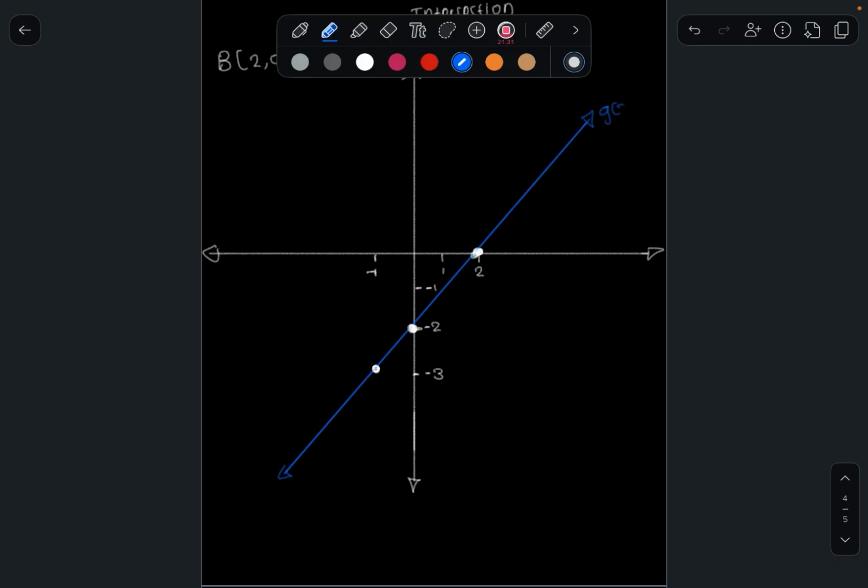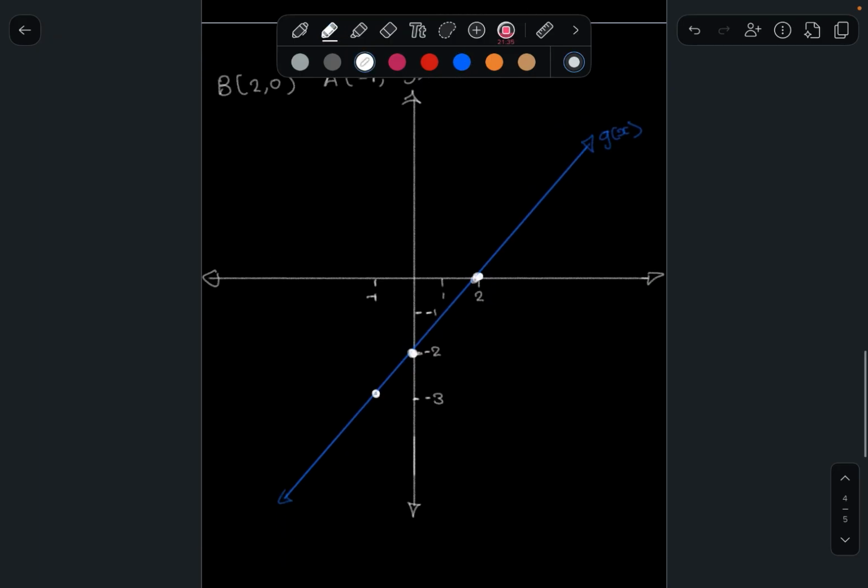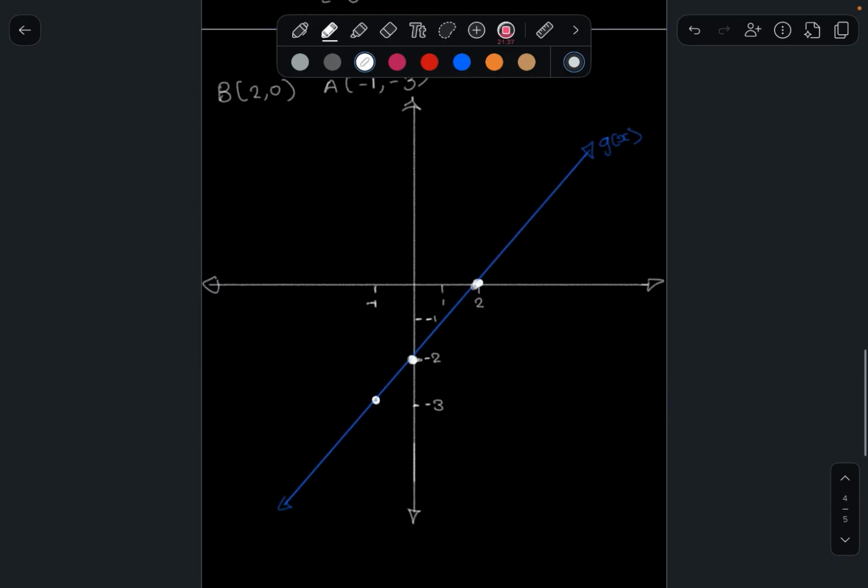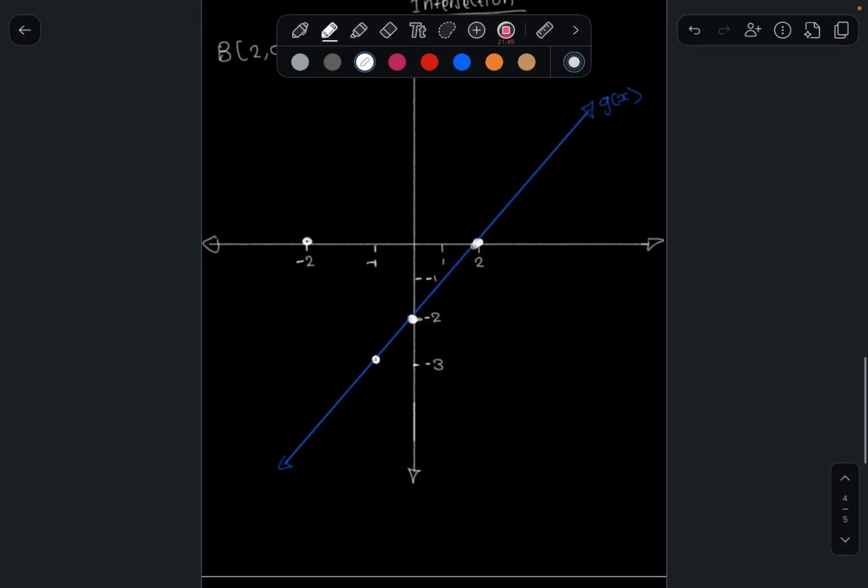Make sure it's straight, right? Now we're going to go to our f of x, right? f of x has two x-intercepts. So we just put them there. And it has a turning point here and a y-intercept here, right? So we have to make sure it connects here, this point, that point, and that point.